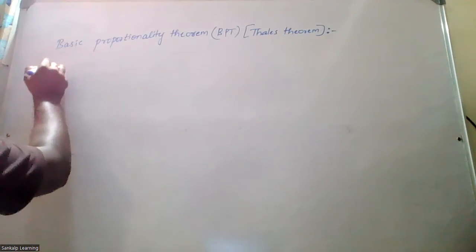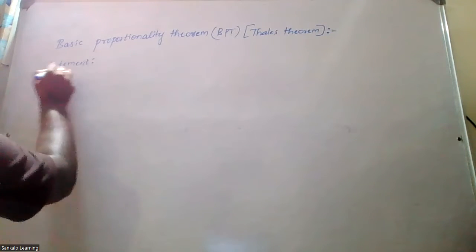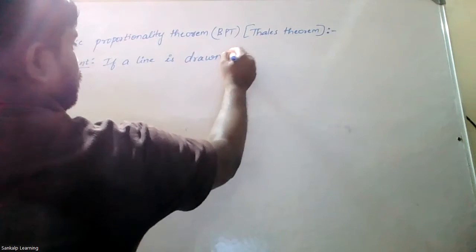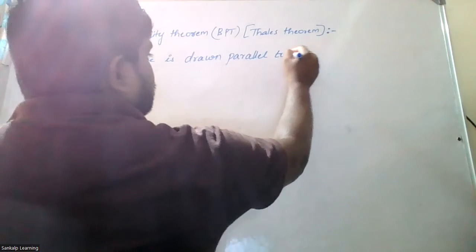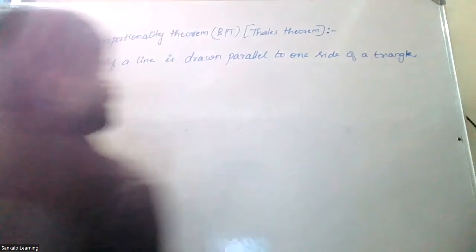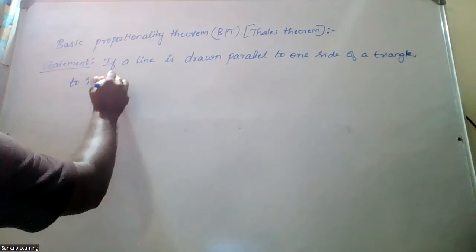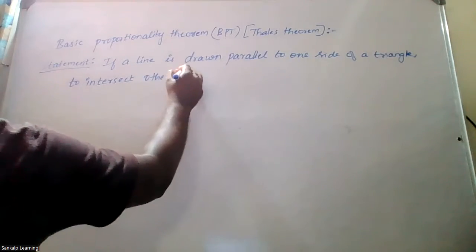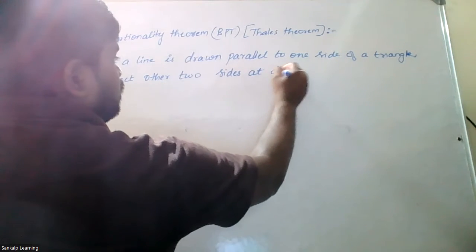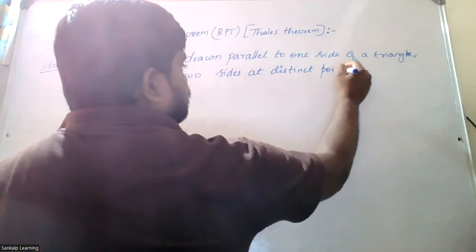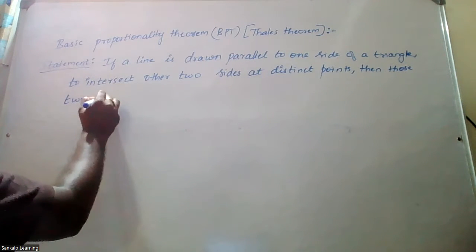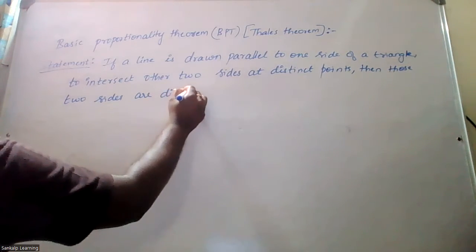The statement is, if a line is drawn parallel to one side of a triangle to intersect the other two sides at distinct points, then those two sides are divided in the same ratio. Let me first write the statement, then I'll explain.